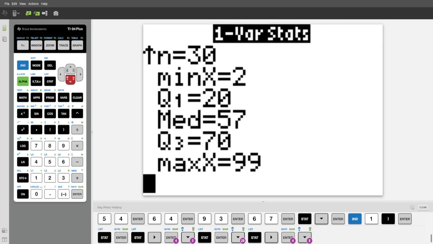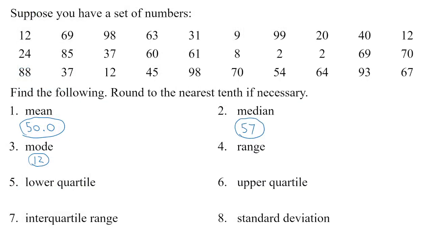So now, the range is the largest minus the smallest. So the largest, which is 99, minus the smallest, which is 2, equals 97. Therefore, the range is 97.